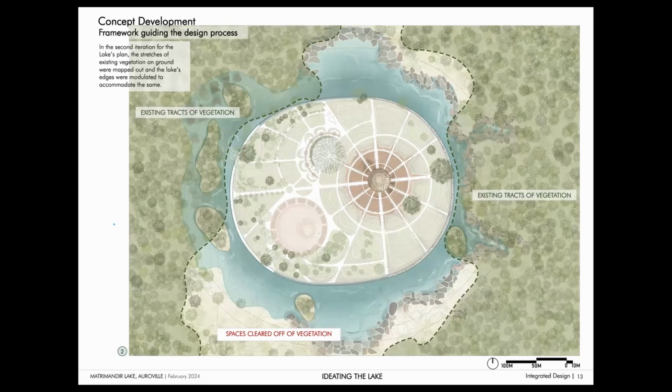Now, this mapping of the existing vegetation has become crucial because we want to make sure that not a single one of these mature vegetation is disturbed in any way in our attempt to create the lake. So we want to maximize the few existing vegetation tracts.